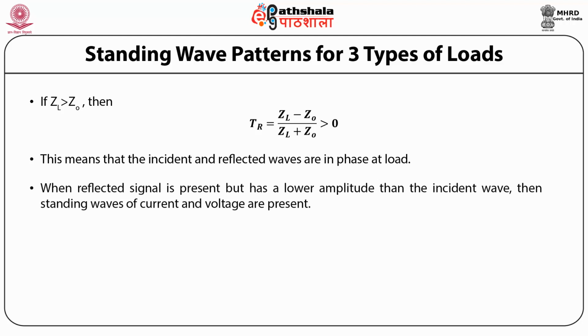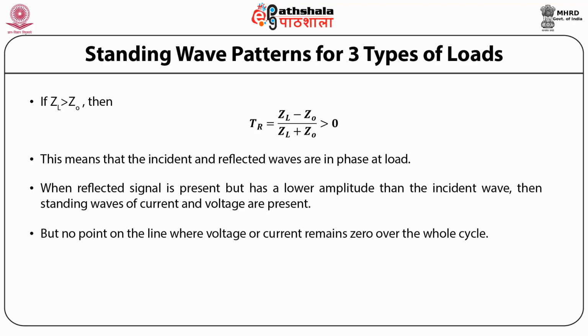Now when the reflected wave is present but has lower amplitude than the incident wave, standing waves of current and voltage are present, but there is no point on the line where voltage or current remains zero over the cycle, as shown in this figure.